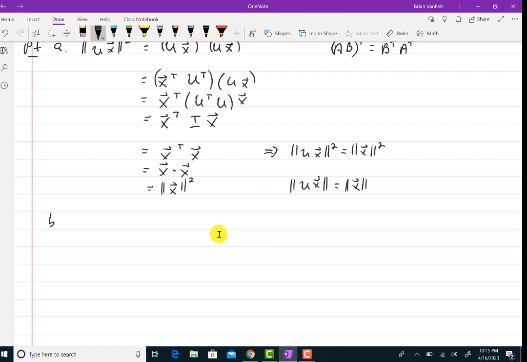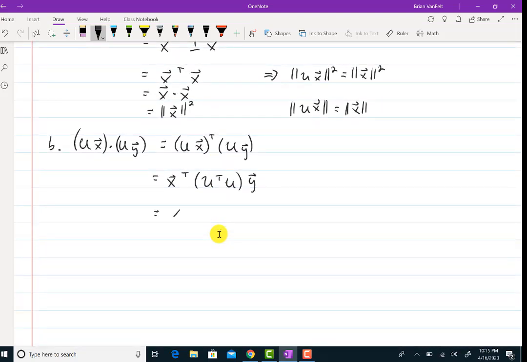For part B, we have ux dot uy, that equals ux transpose times uy, and same deal as before, we're going to get x transpose u transpose u times y.